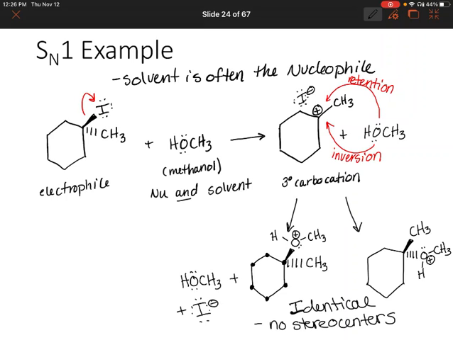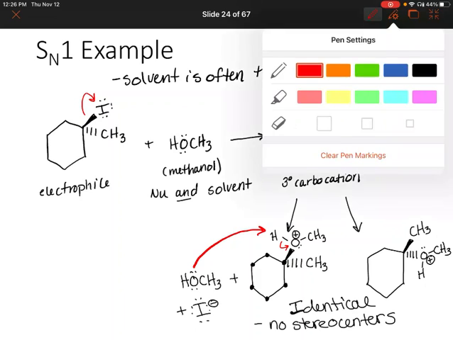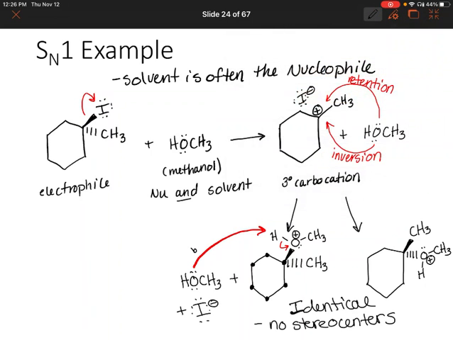Because that will be the better base. Oxygen. Oxygen is smaller. So that will be our better base. It will take that proton, and then the shared electrons are left on oxygen. Here I'll put in parentheses atomic size.